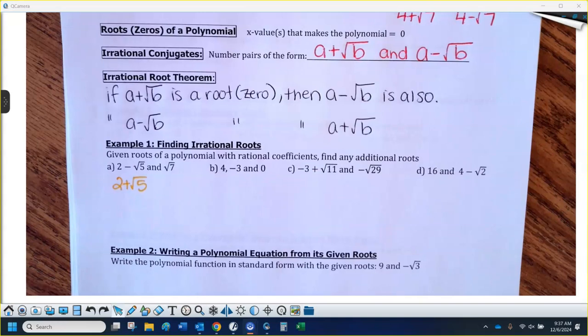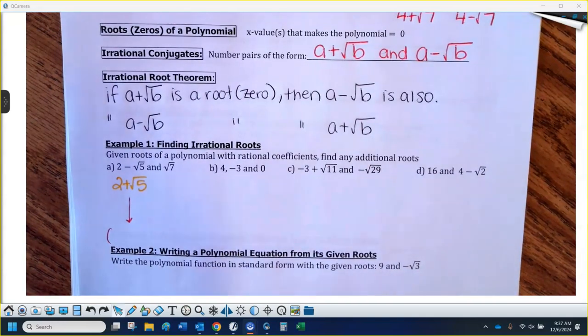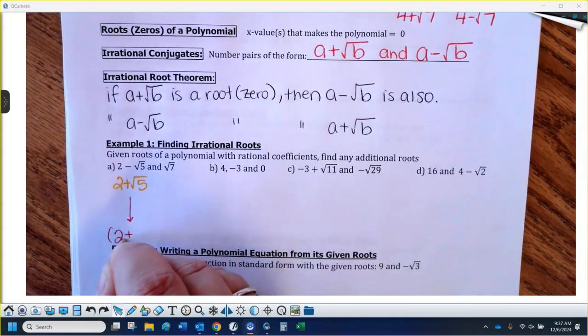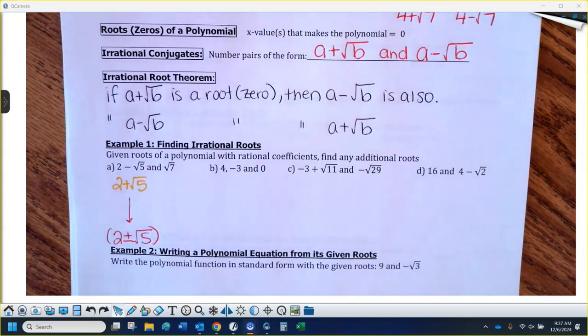Basically, if we would have gone through and done the quadratic formula, we would have gotten 2 plus or minus the square root of 5. That's what that means. So if they tell you 1, you automatically will have the other one.